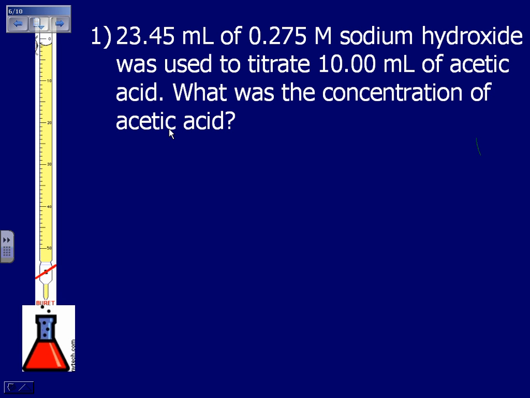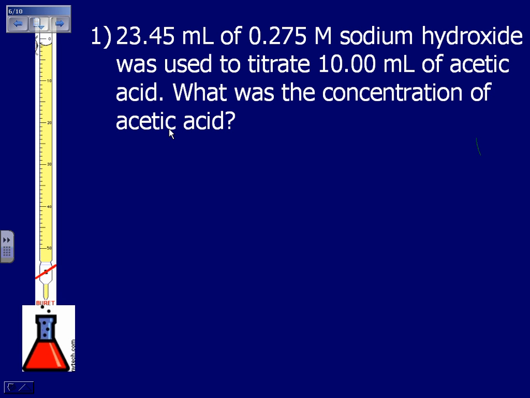There's two chemicals in that question. That implies that there's a reaction going on. The equation C1V1 equals C2V2 is our dilution equation, used when you have one chemical and you're adding more water to make a diluted version of that solution.